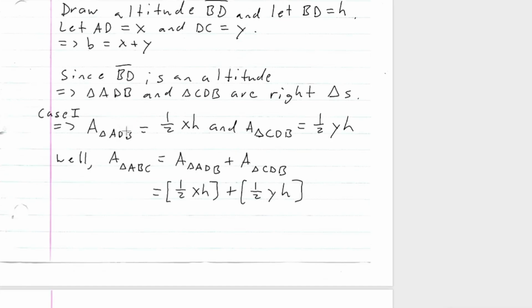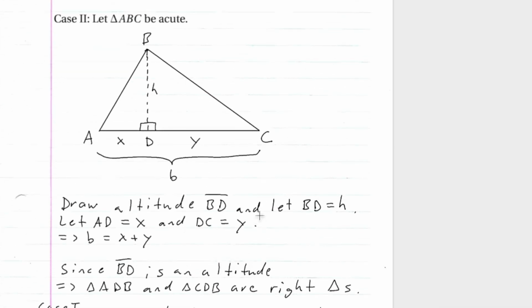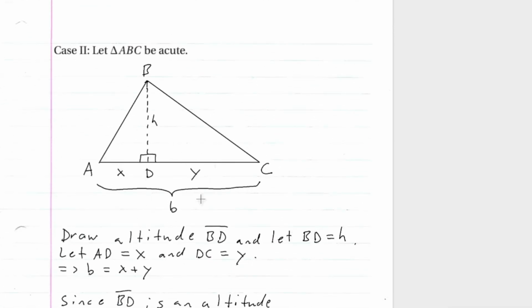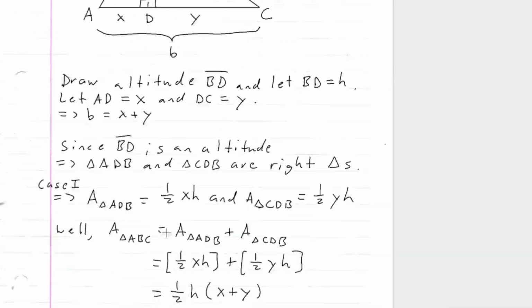So of course, let's go ahead and factor out the 1/2 H in both. So we're left with 1/2 H times X plus Y. But remember, X plus Y is B, right?